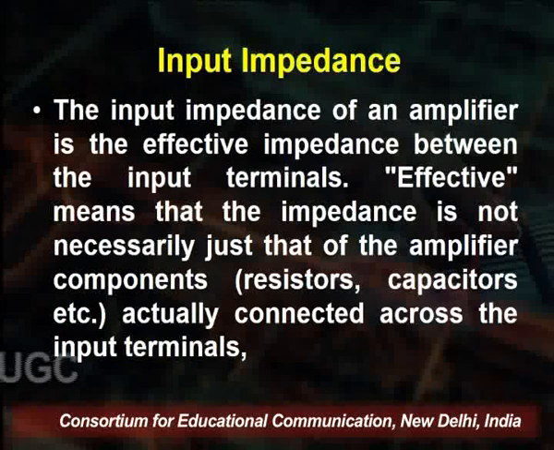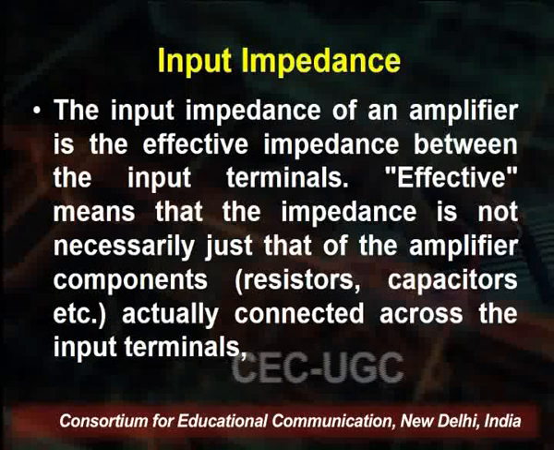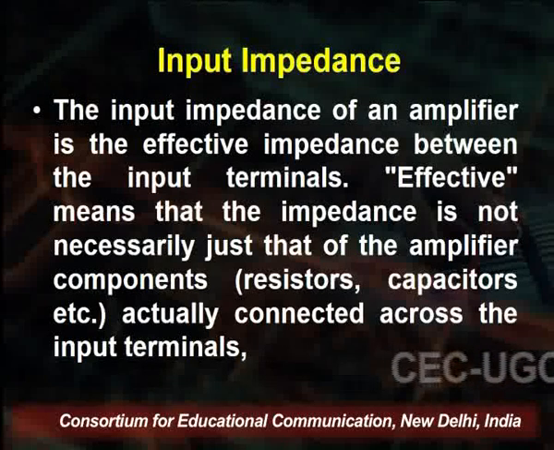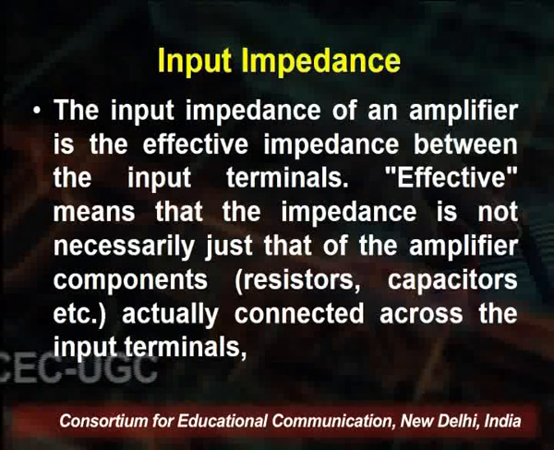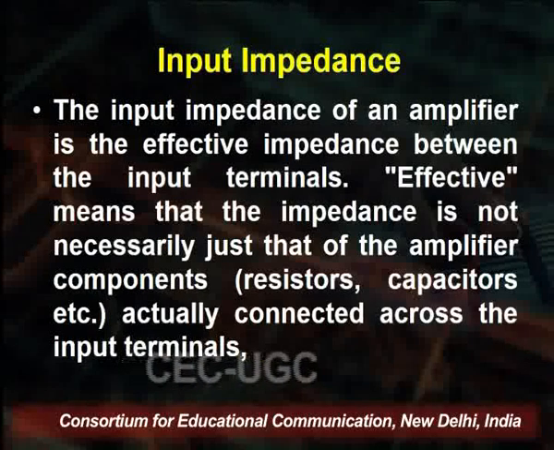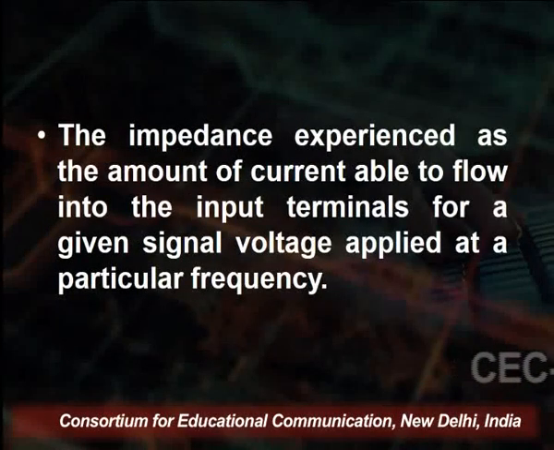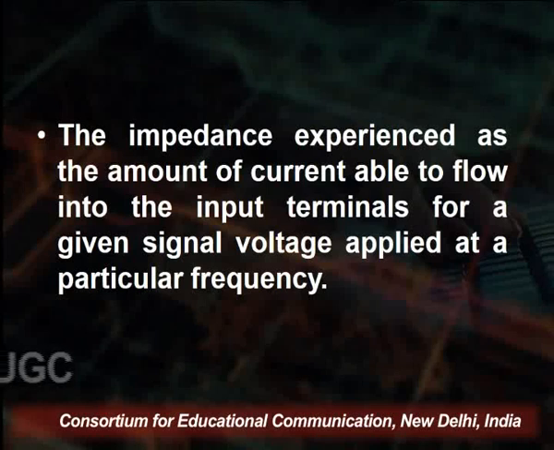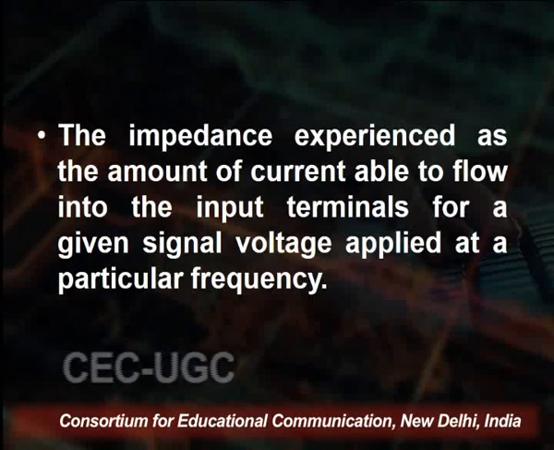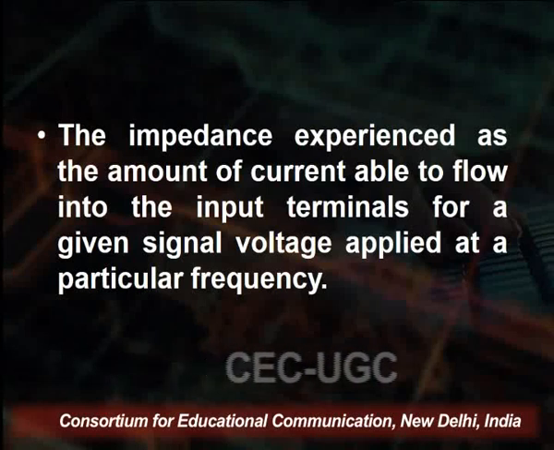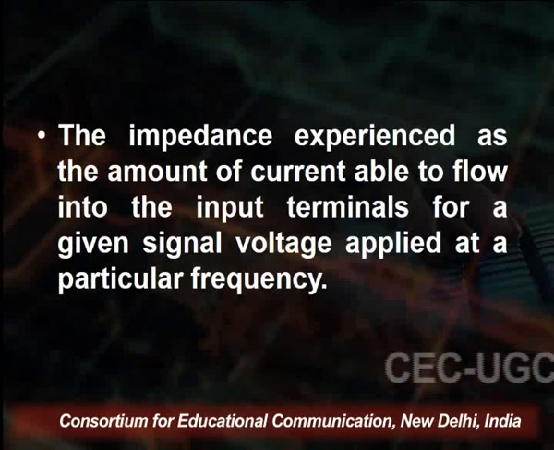Effective here means that it is due to the amplifier components like the resistor and capacitor connected across the input terminal. That's why it is affected. It is the impedance experienced as the amount of current able to flow into the input terminal for a given signal voltage applied at a particular frequency.